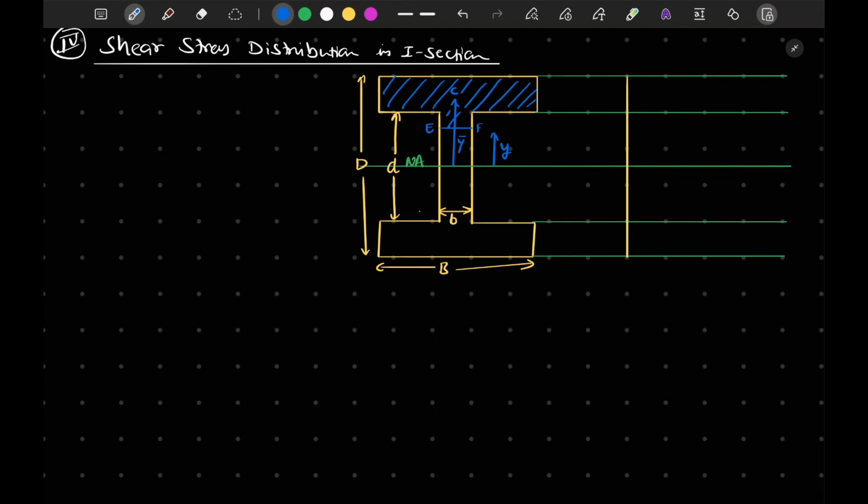Now according to the value of y, this y might be in our flange portion or in our web portion. I don't know if I mentioned it previously or not. This section is called the flange, and this section is called the web, and this section of course is again a flange.